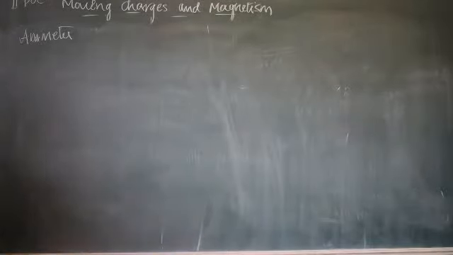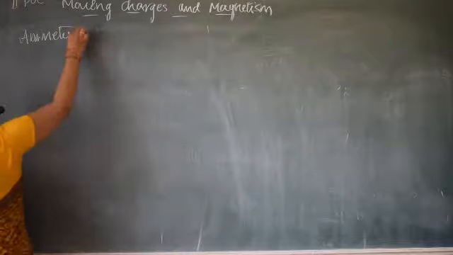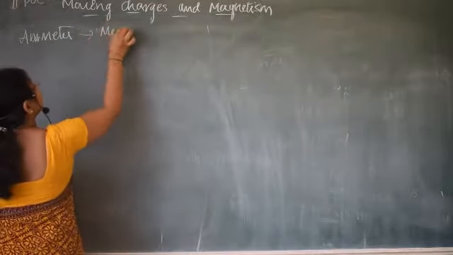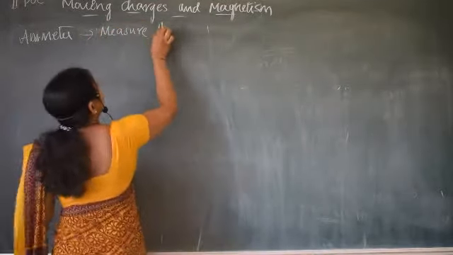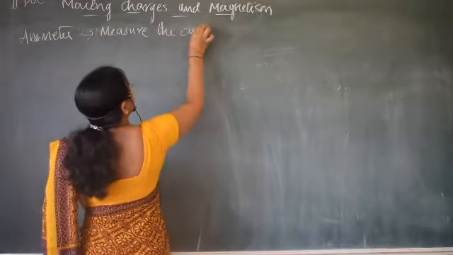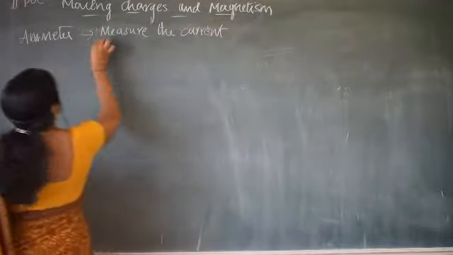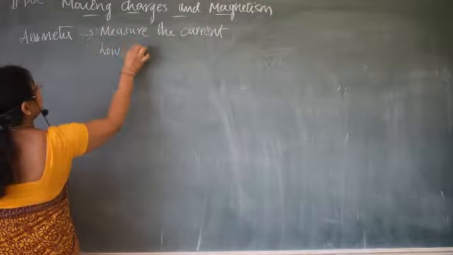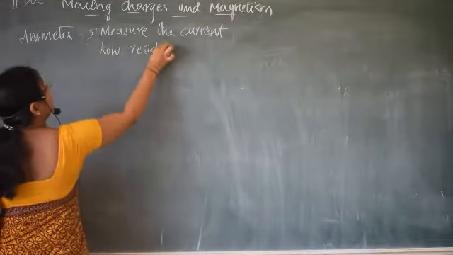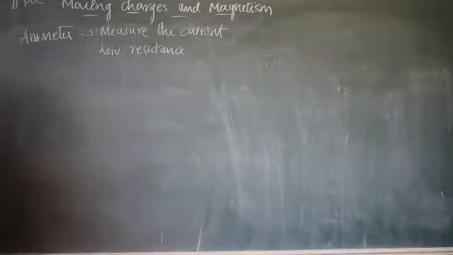So an ammeter is a device used to measure the current. It has very low resistance. Correct? Next, galvanometer.